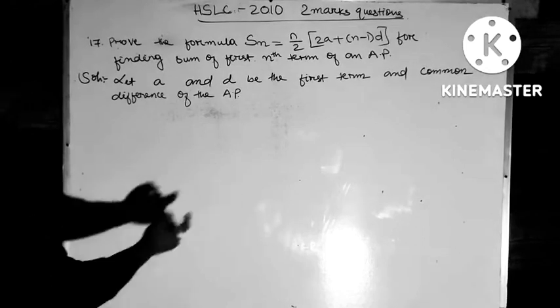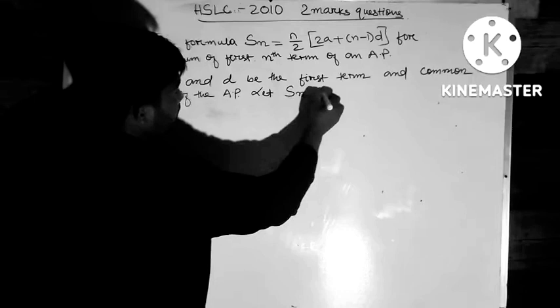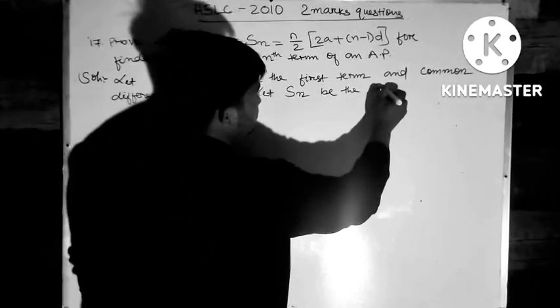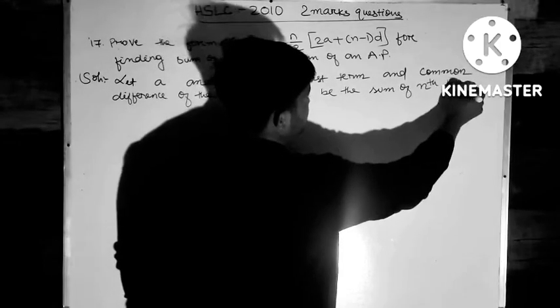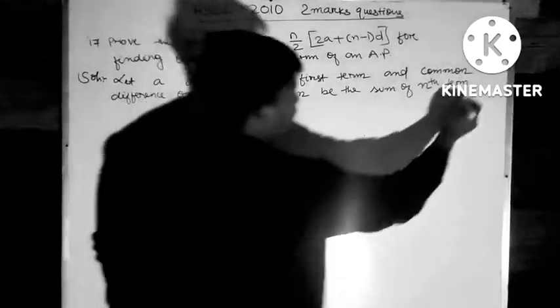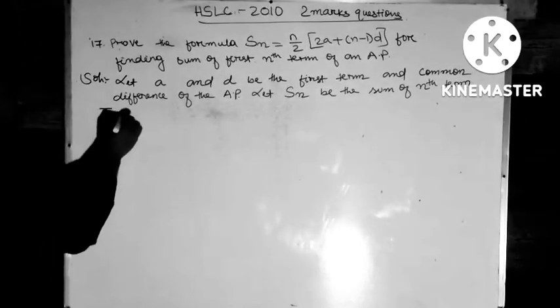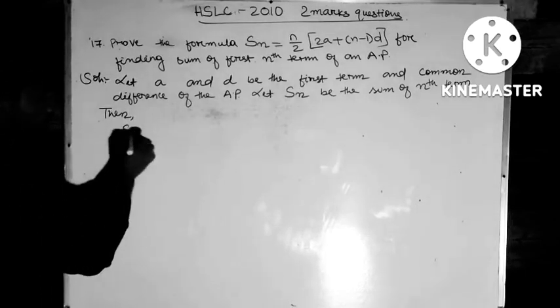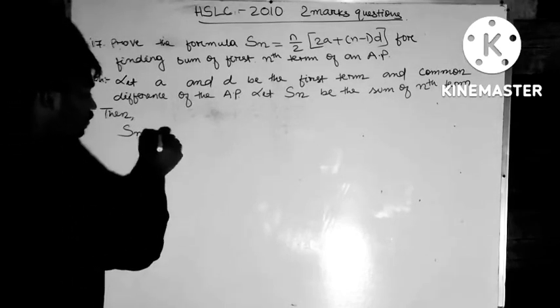Then the sum of n terms will be denoted as, let Sn be the sum of n terms. Sum means plus, right? So first, what are we going to do? Let's say Sn equal to.